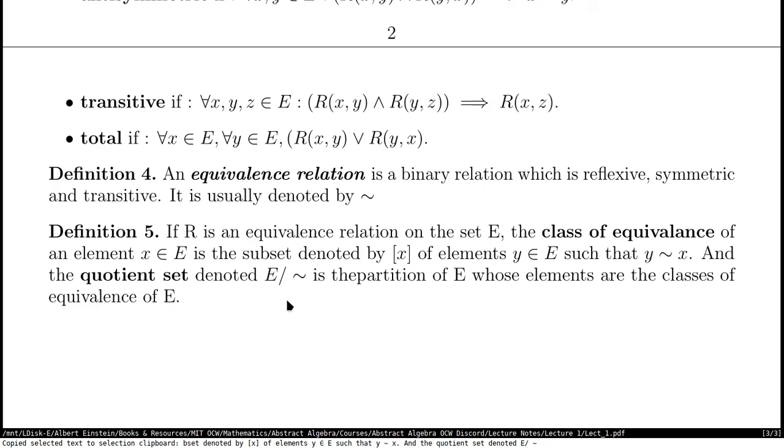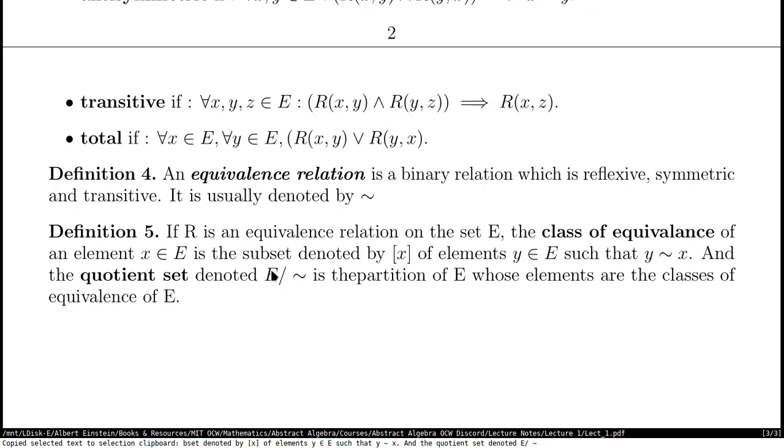If you've done modular arithmetic before, you know about modulus, but if you haven't, this is like you have the set E, and on the set E you impose this specific relation on the entire set, and when you do it, you get the partition, and that is actually the quotient set.